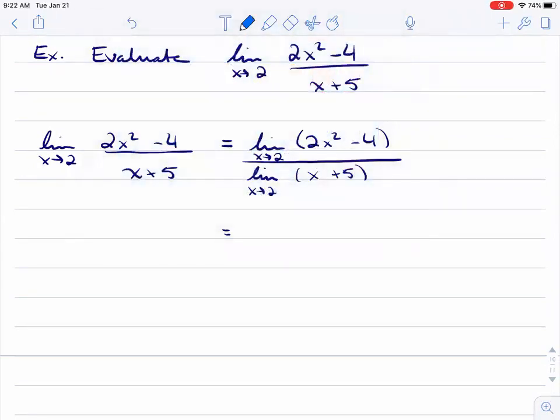One thing to keep in mind is that I can do this as long as the denominator does not equal 0, which it doesn't look like it does, x plus 5 as x goes to 2.